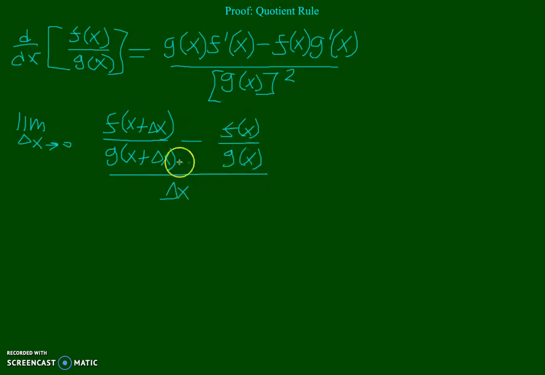Now we need to combine the terms in the numerator to get a rational expression with a common denominator.